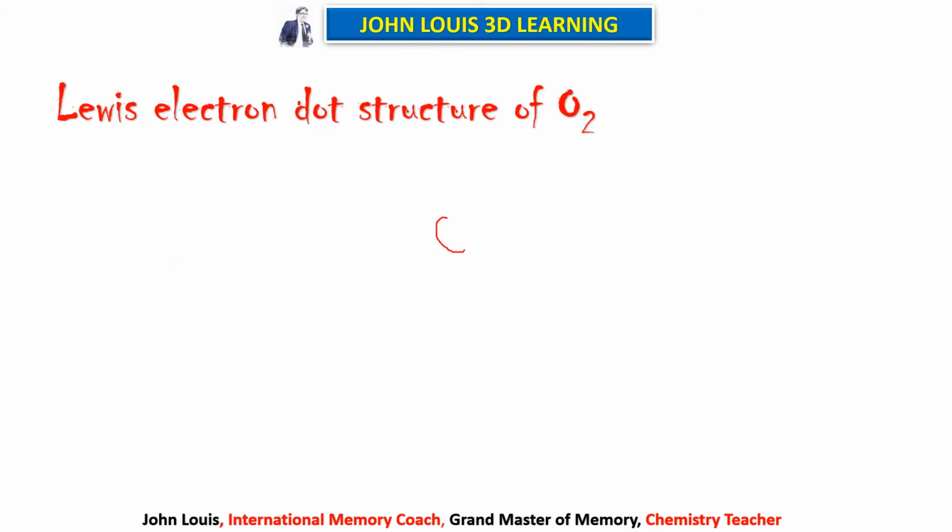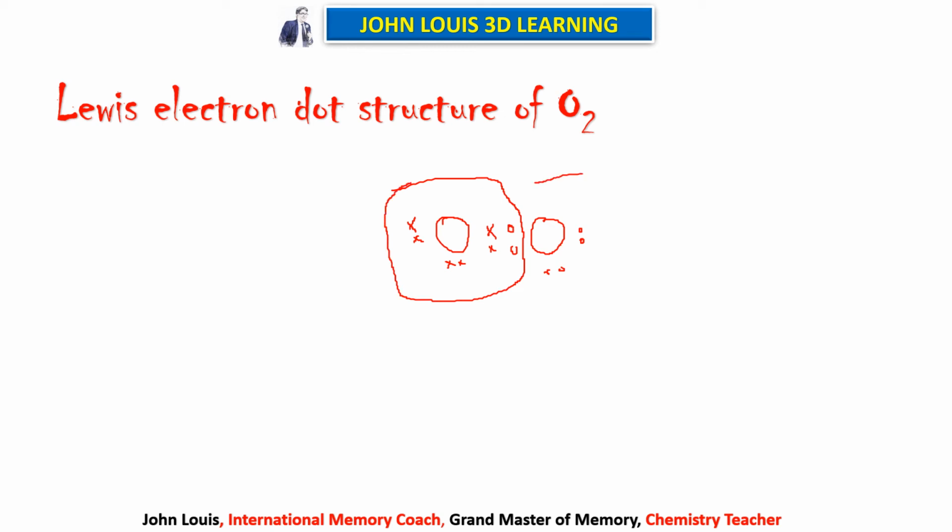Same thing we are going to write again here. So first oxygen having 6 electrons in the outermost orbit. Second oxygen is also having 6 electrons, 2, 4 and 6. Okay, this is what is the Lewis dot structure. So now the first oxygen is having 8 electrons by sharing electrons with the second oxygen atom.